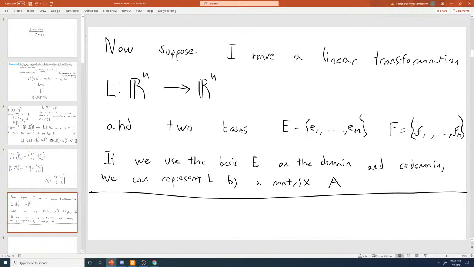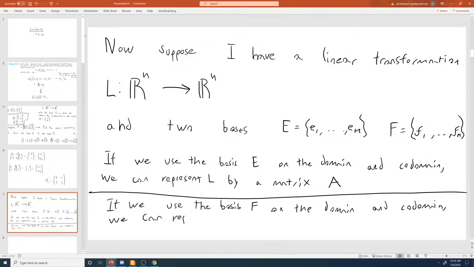But likewise, if we use the basis F on the domain and codomain, we can represent L by a matrix B. So we have a linear transformation and we have two bases.